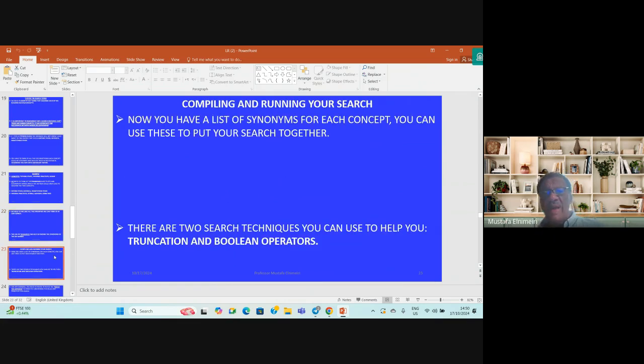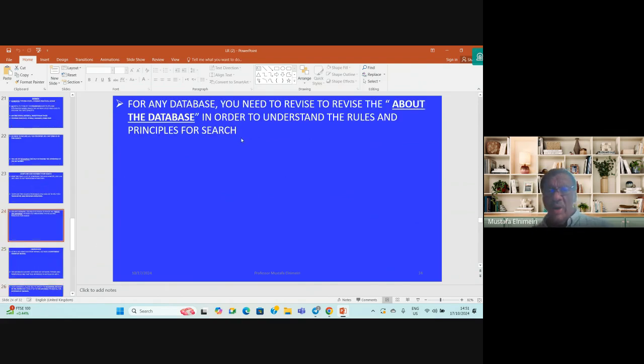Then we have to compile and run the search. Now we have a list of the substitutes or synonyms for each concept. We can go and put these in the search engine together. There are two search techniques or approaches that can be used to help, namely truncation and Boolean operators. For any database, it's important to read the About section.